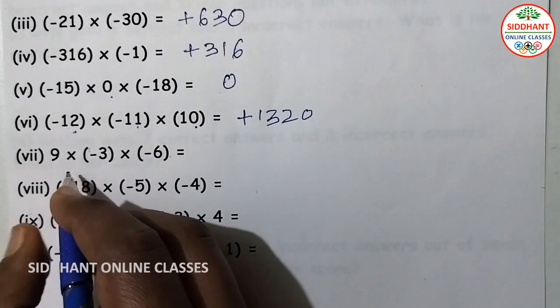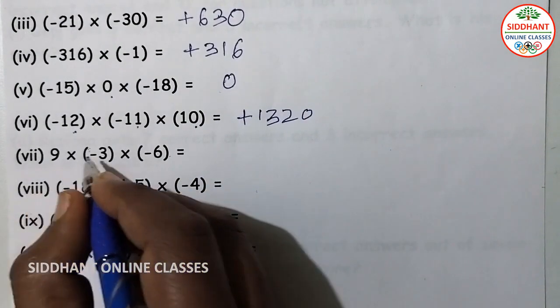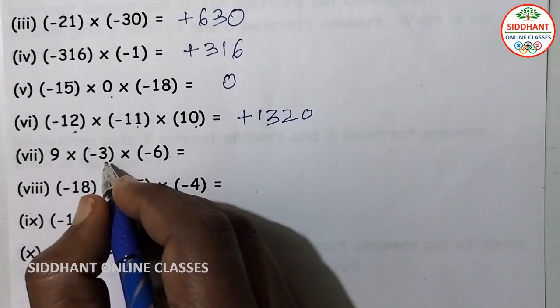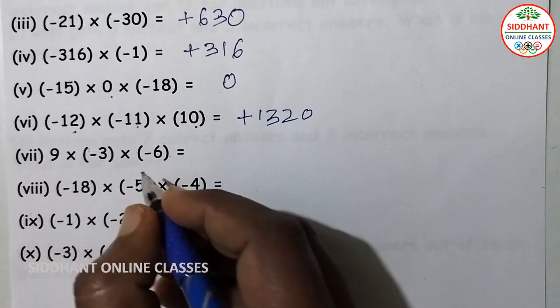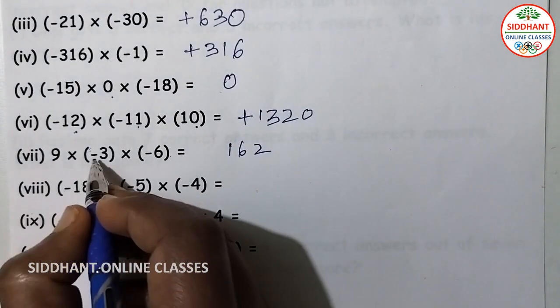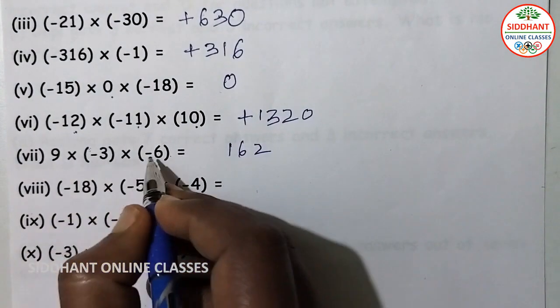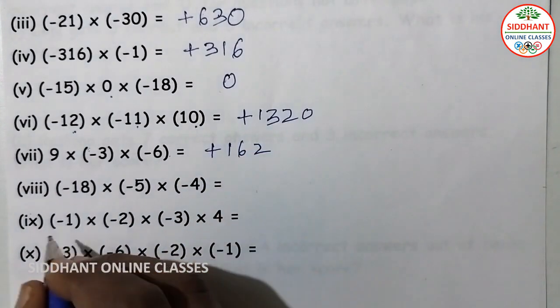Next, seventh one, 9 into minus 3 into minus 6. So here 9 into 3, that will be 27. 27 into 6, that will be 162. Now plus into minus is minus, minus into minus is plus. The answer will be plus 162.